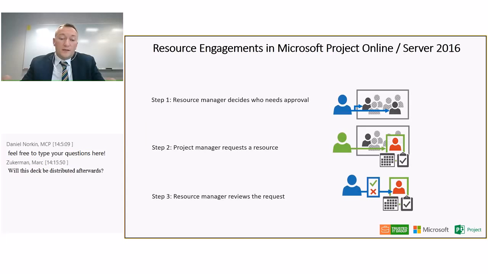Number 3, the request gets approved by the resource manager. So basically three steps, right? Even step number 1 doesn't have to be repeated over and over again. This is by resource. Step number 2 and 3, you request the resource and then you approve the resource.